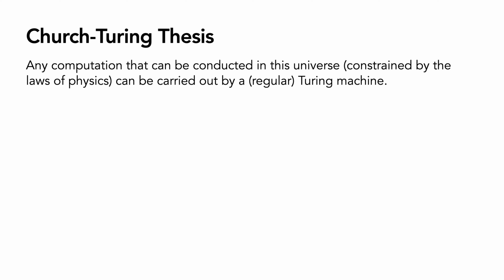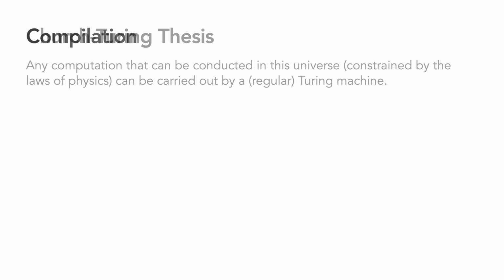And so, presumably, if these other Turing machines are doing computations we can describe, we might be able to follow their instructions, they are computable within our universe, then they should be able to be computed by the standard Turing machine as well.